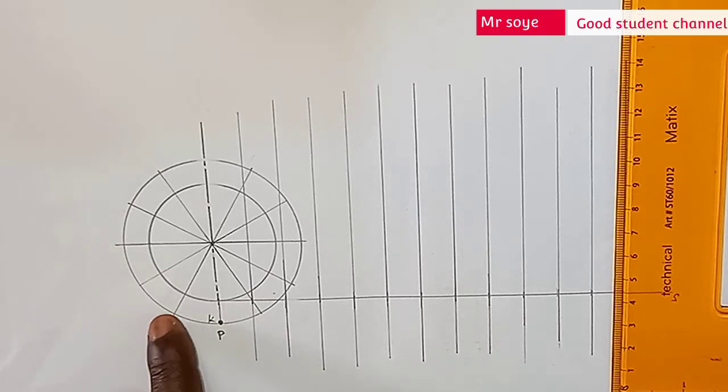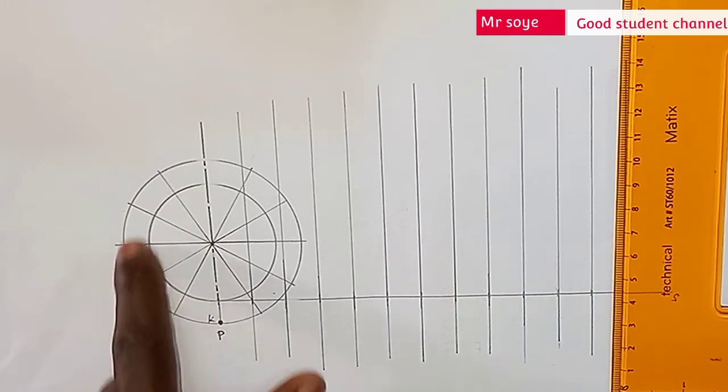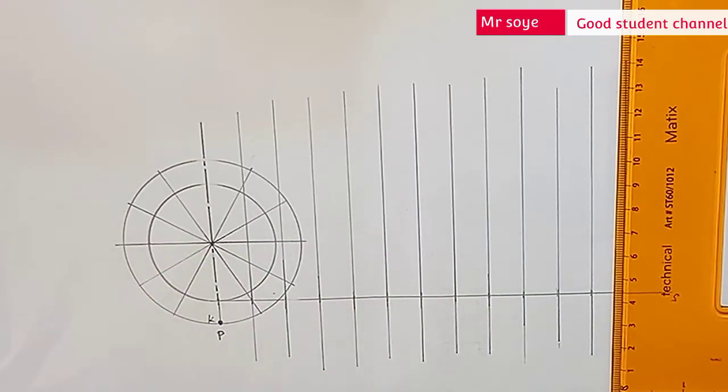This is the generating circle, and this is the rolling cycle. We are asked to project lines from the divisions of the generating cycle. So here we go.